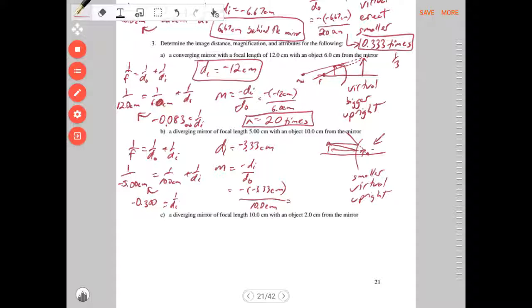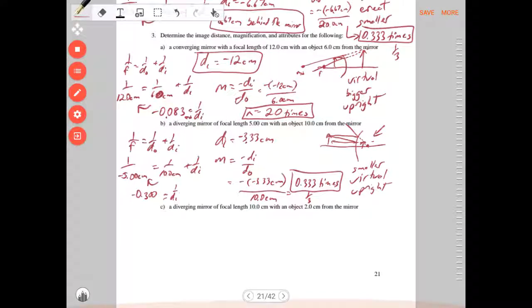So this one, the two negatives cancel, so that equals 0.333, or of course 1/3. So the magnification is 0.333 times. Okay, and that makes sense because it is upright, so it should be positive. Okay, awesome.